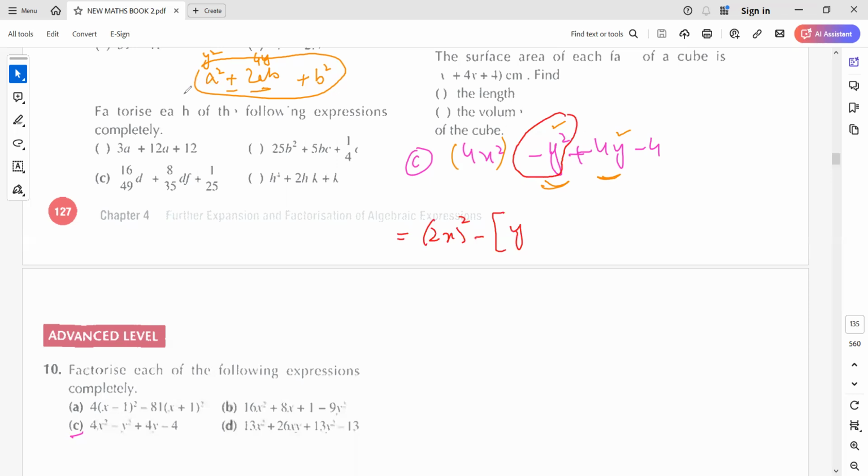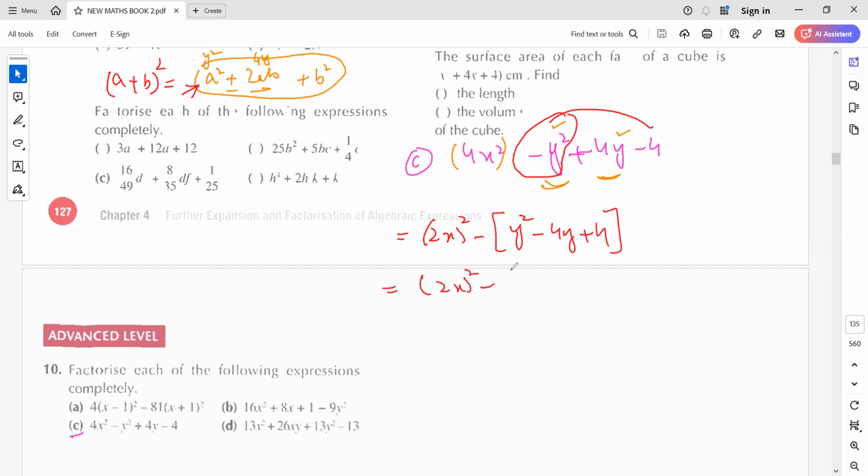As in both the identities, a plus b whole squared or a minus b whole squared, the first term a squared has to be positive. So that's why I want to take this negative sign common from the three terms. Then it would be negative 4y and plus 4, because when we take the negative sign common, inside the brackets the signs change.